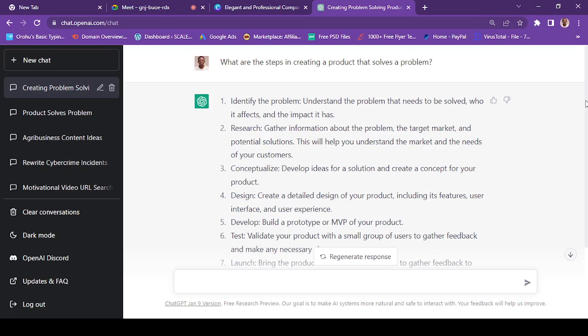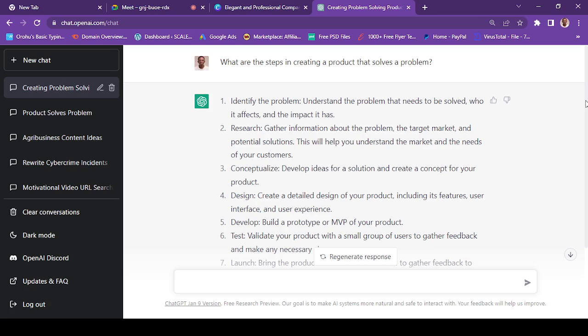I'm actually using what the AI gave now in interpreting what we are trying to get. You identify the problem. Two, you gather information about the problem, the target market, and the potential solutions, so that it will help you understand the market and the needs of your customer, according to this AI. Then the third thing is to conceptualize your idea, developing your ideas for a solution and creating a concept for your product.